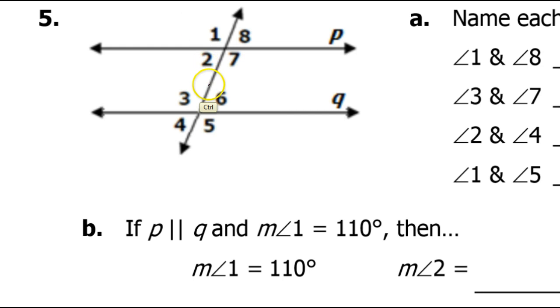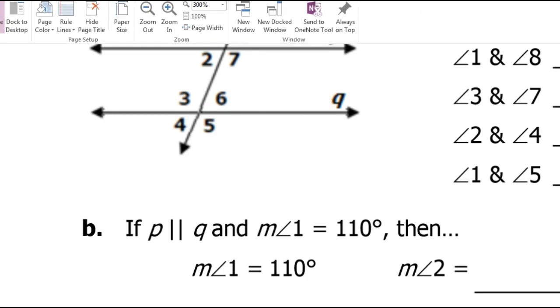Now if you pick one of each, an angle that looks acute like angle 2 and an angle that looks obtuse like angle 3, a pair like that will be supplementary if the lines are parallel. So if you give me one angle in this picture, you should be able to determine all of the angles if the lines are parallel.